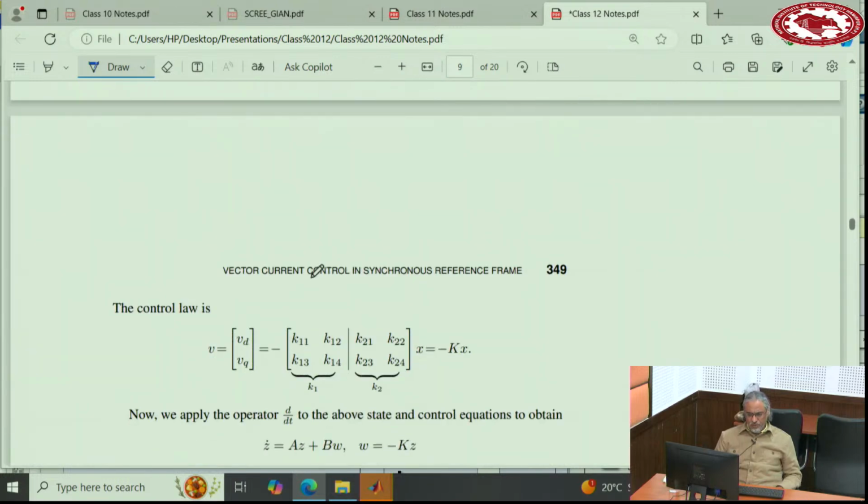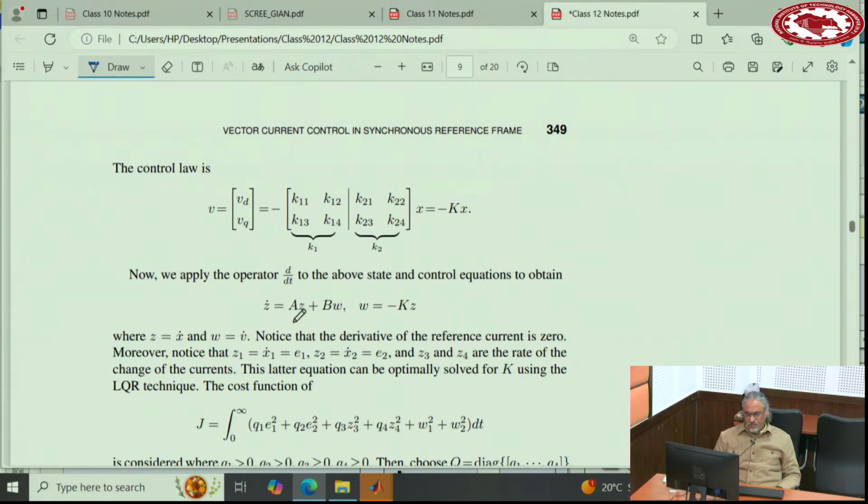And the controller is basically this whole vector times x. X is x1, x2, x3, x4. Has 4 components. So you see the controller combines everything. Does not ignore anything. For the first channel, it uses the information of the second channel, and for the second one, it uses information of the first channel. So we apply this transformation, convert the problem into a regulation problem or regulator problem.